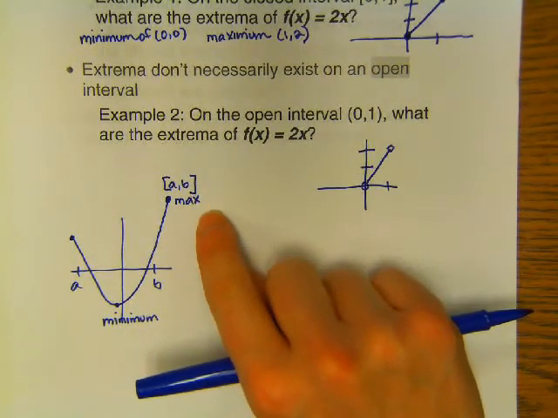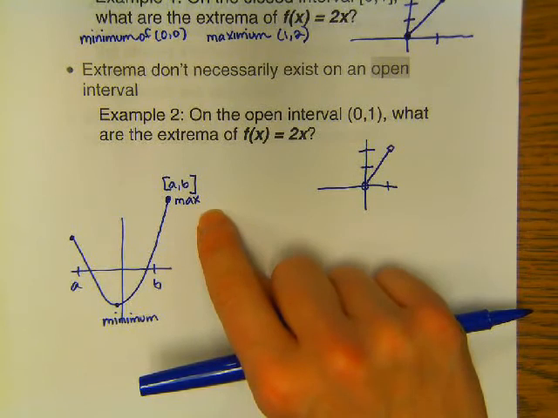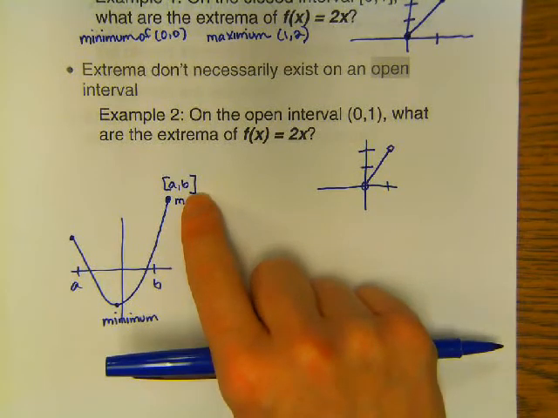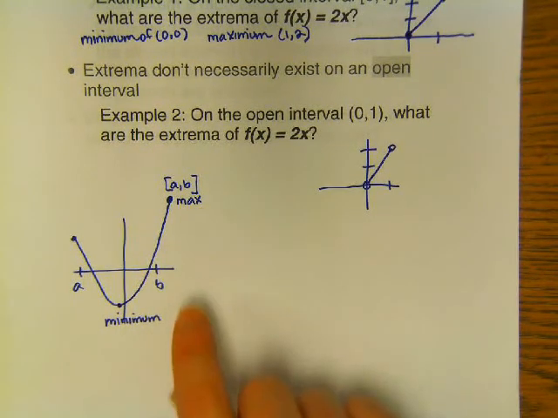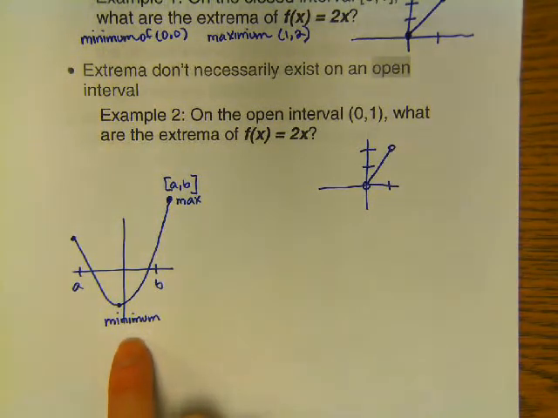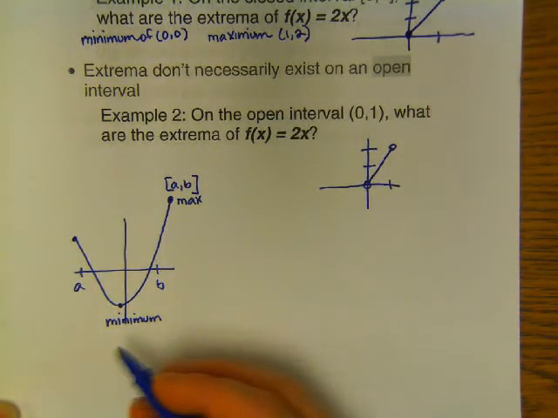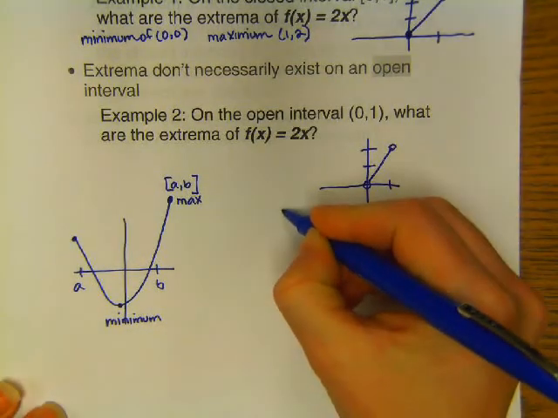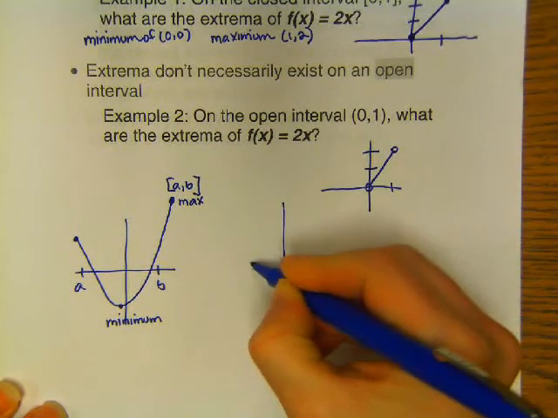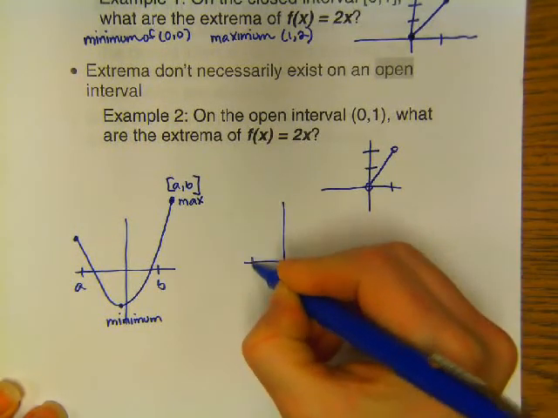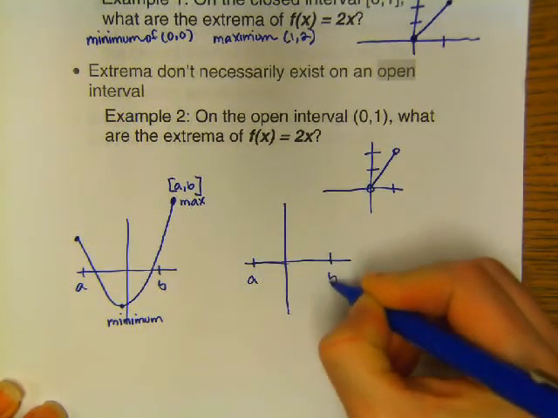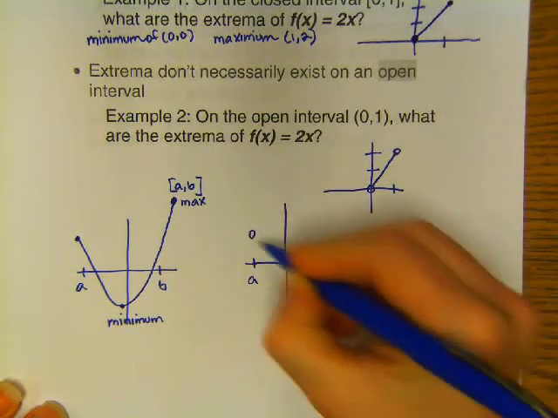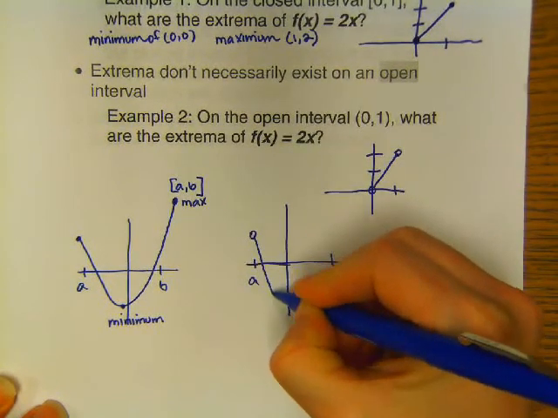So this would have a max up here, which happens to be the endpoint, and this would have a minimum down here. Okay. What if I changed this to be an open interval? Same kind of graph, A to B. So I'd have an open and an open.